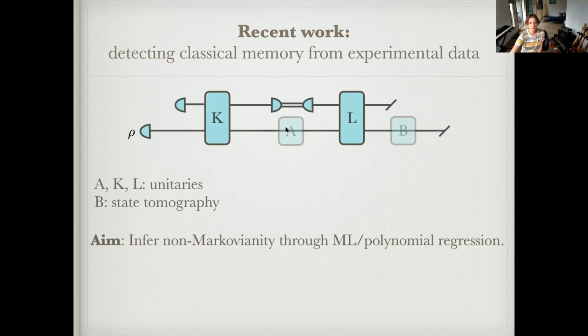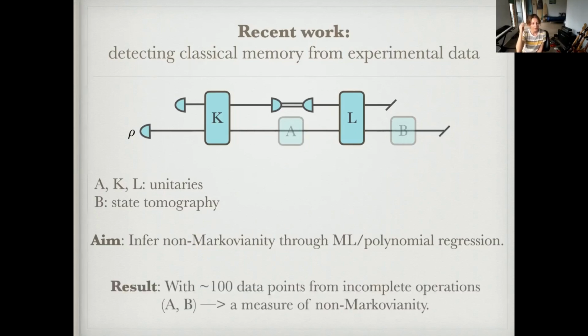And the point is that we wanted to infer non-Markovianity by just taking experimental data from here and here, but incomplete experimental data. So we didn't want to do tomography. We wanted to just have less information. So state tomography is only here, and here is just a unitary. So the result was that with about 100 points from incomplete operations on A and B, we get a prediction of the measure of non-Markovianity.